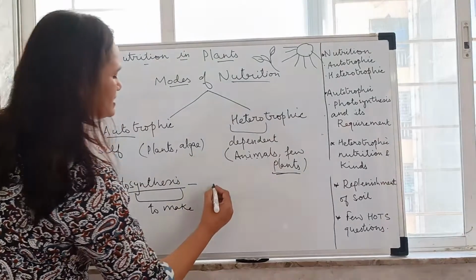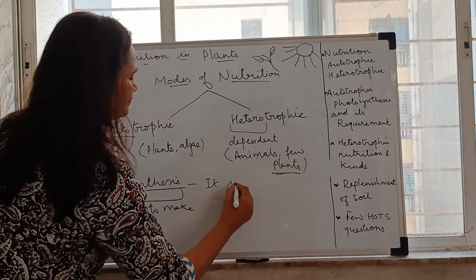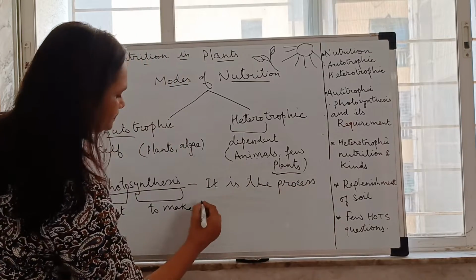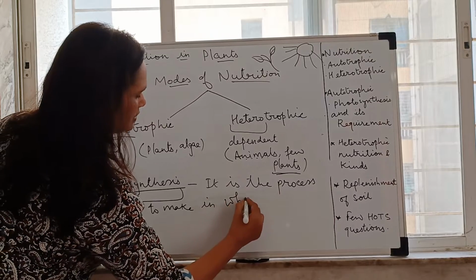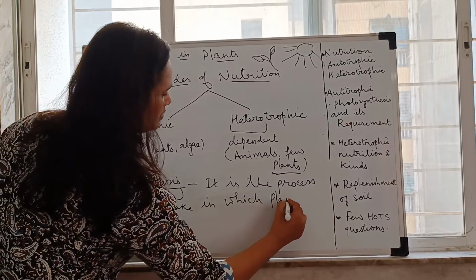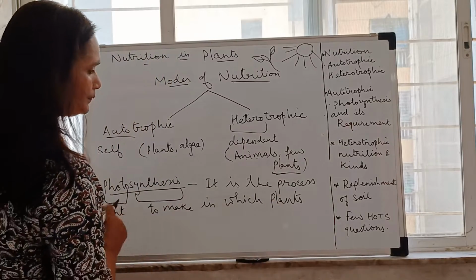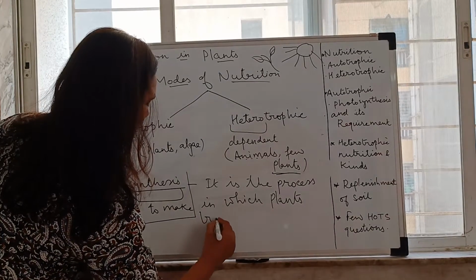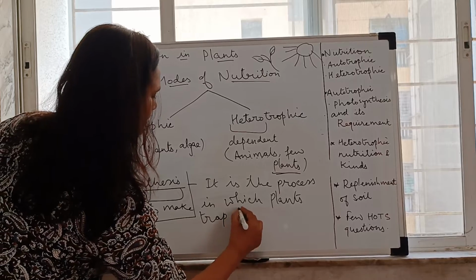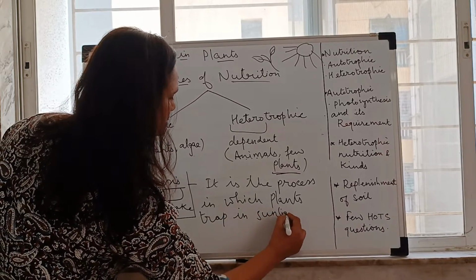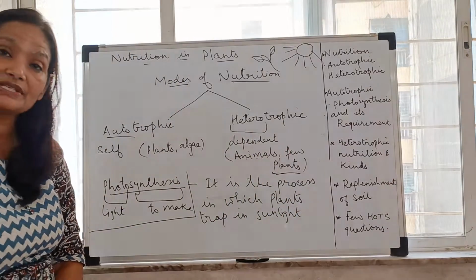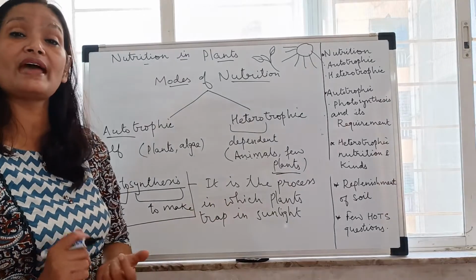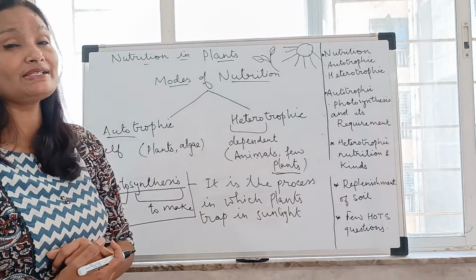Now what is photosynthesis? It is the process in which plants trap in sunlight. Now how do they trap the sunlight? To trap in sunlight, they have a pigment present which is called chlorophyll.